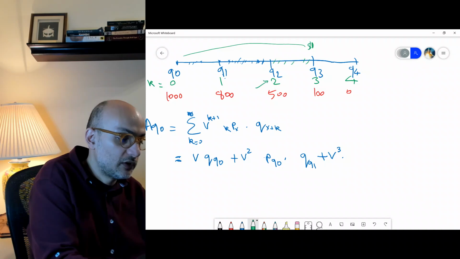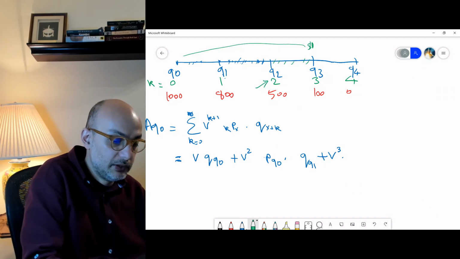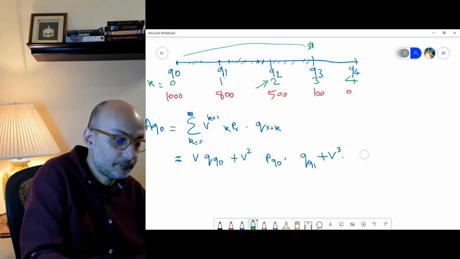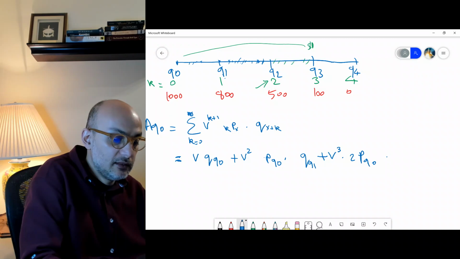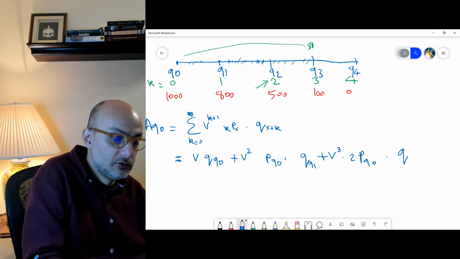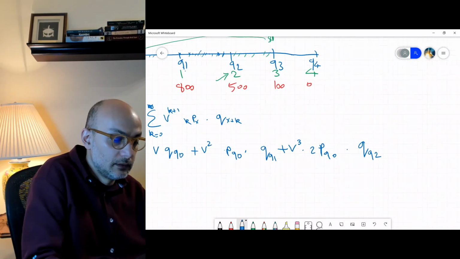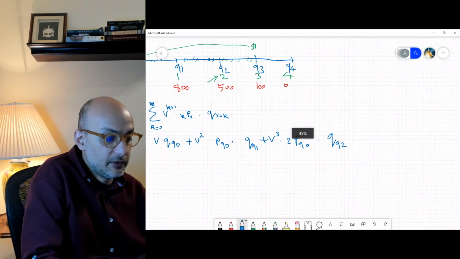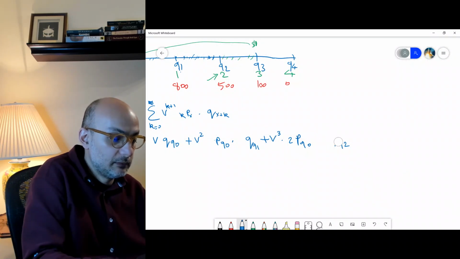Somebody age 90 survives 2 years and then dies in the next year, so 2p90 times q92, right?